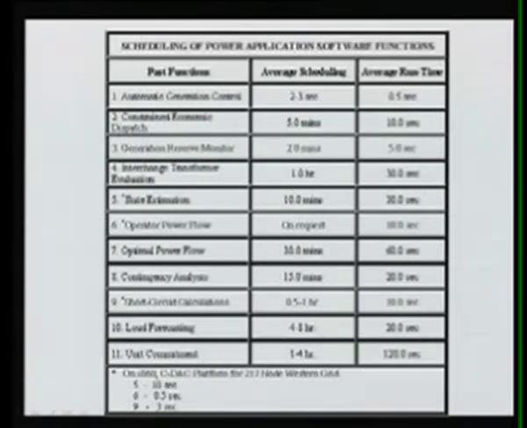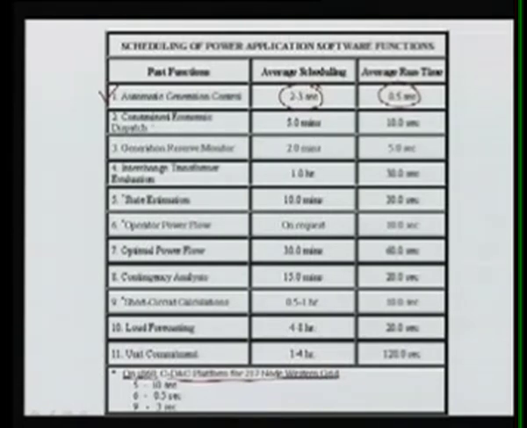The first one is automatic generation control, and the average time is computed on the IE86 CDAC platform of 217 nodes of the Western grid. For the automatic generation control function, the average scheduling time is 2 to 3 seconds. However, the average run time for this software is 0.5 seconds.